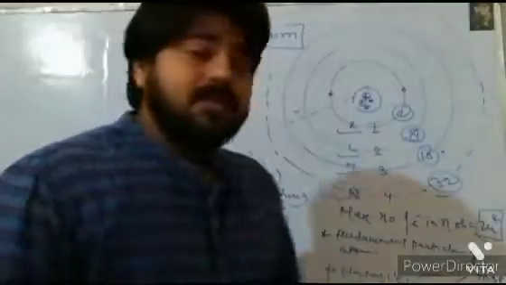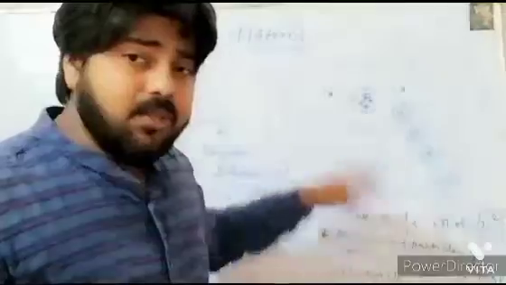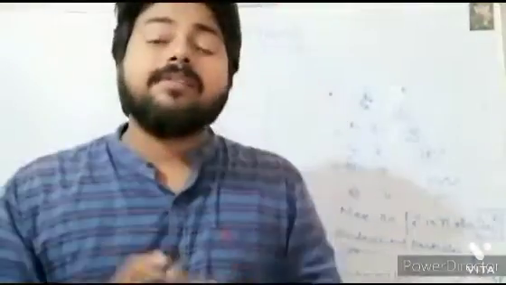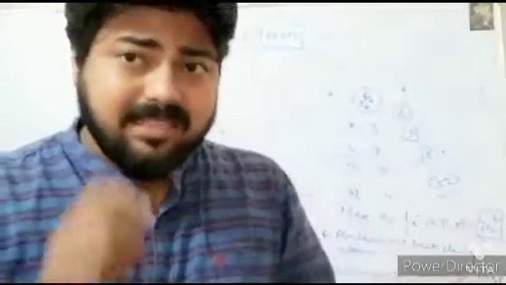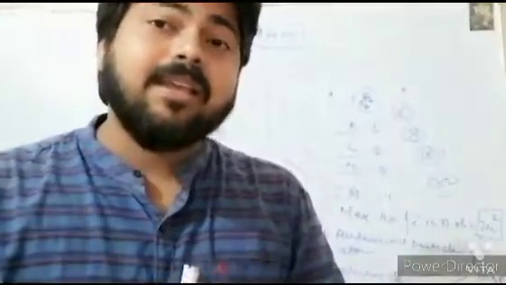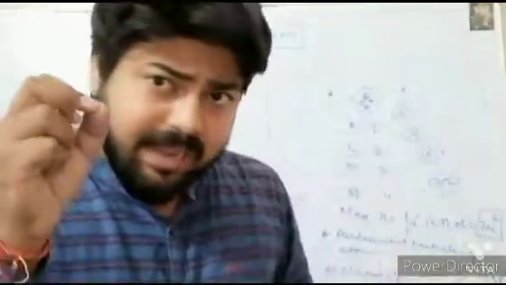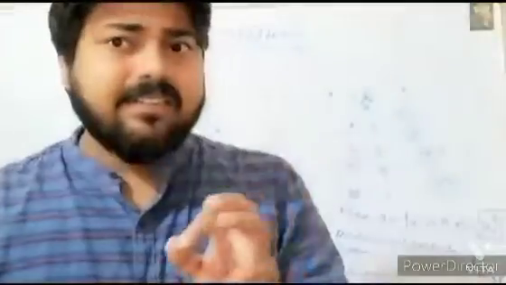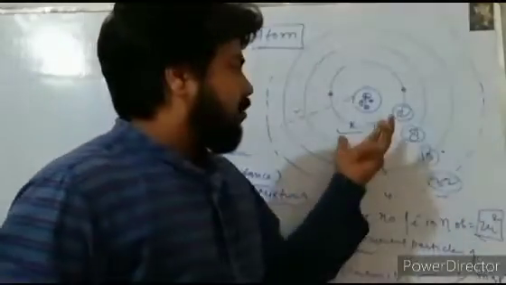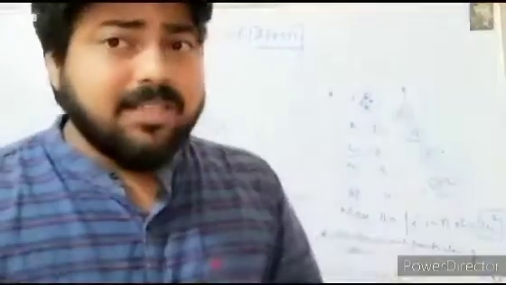Now we have to know that the different elements we see in the periodic table have different kinds of atoms, which are assigned a number called the atomic number, given by Moseley in 1930. The atomic number is the number of protons present in the nucleus of an atom.